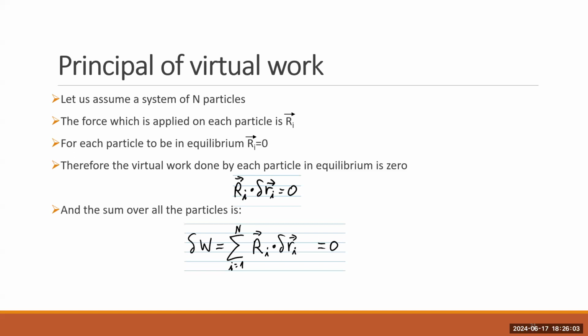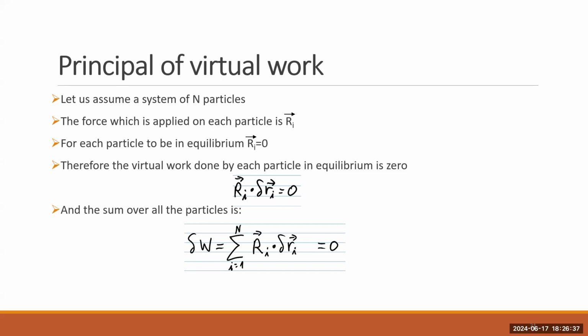Let us assume that there is a system with n particles. The force which is applied on each particle is Ri, with the index i. For each particle to be in equilibrium, we need the sum of forces on the particle to be 0, right? In equilibrium.